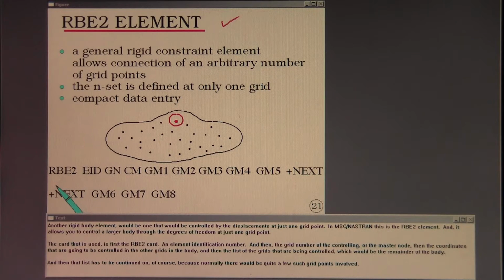The card that is used is first the RBE2 card, an element identification number, and then the grid number of the controlling or the master node, then the coordinates that are going to be controlled in the other grids in the body, and then the list of the grids that are being controlled, which would be the remainder of the body. And then that list has to be continued on, of course, because normally there would be quite a few such grid points involved.